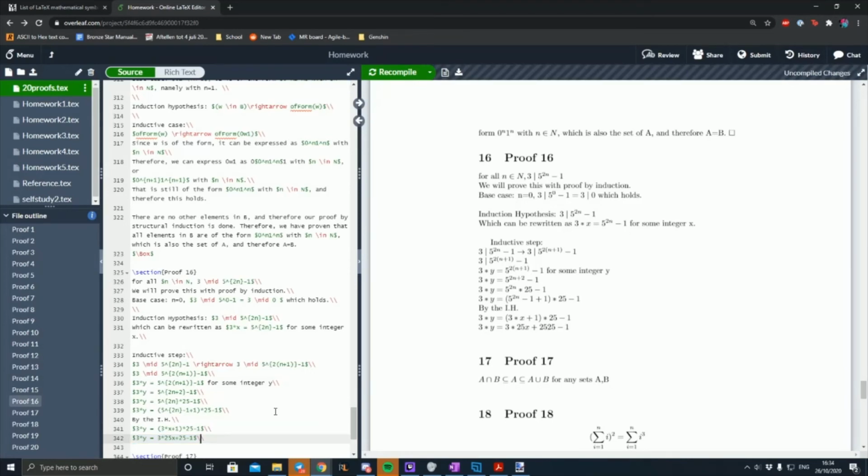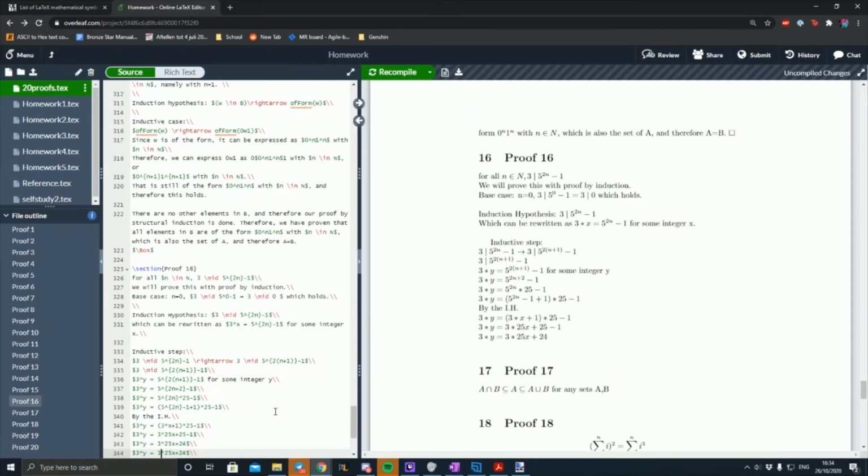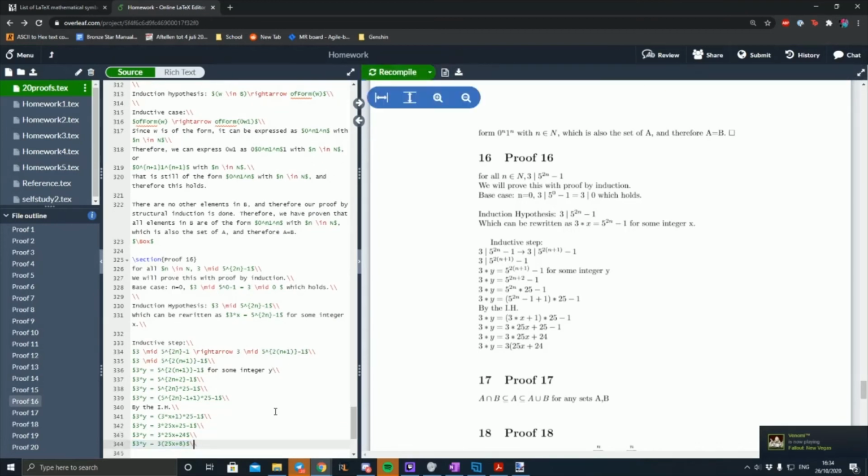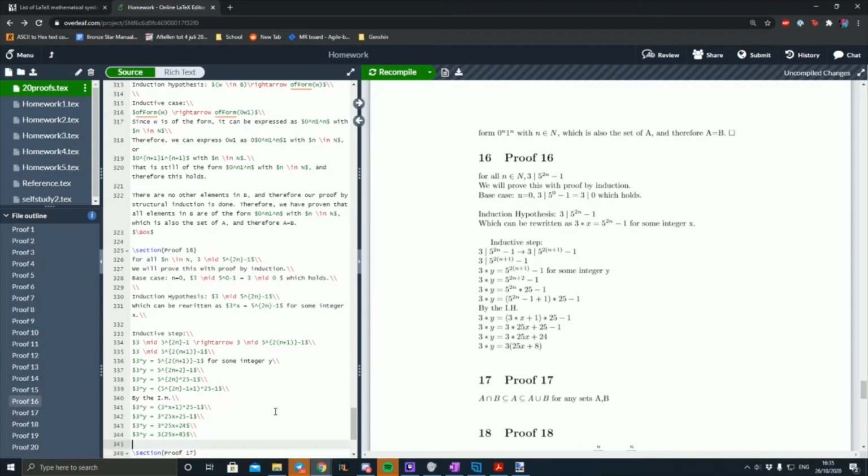That is that times plus 24, and 24 is equal to 3 times 8, so we get 3 times (25x plus 8). Since x is an integer, 25x plus 8 is an integer, and y is also some integer, this holds.